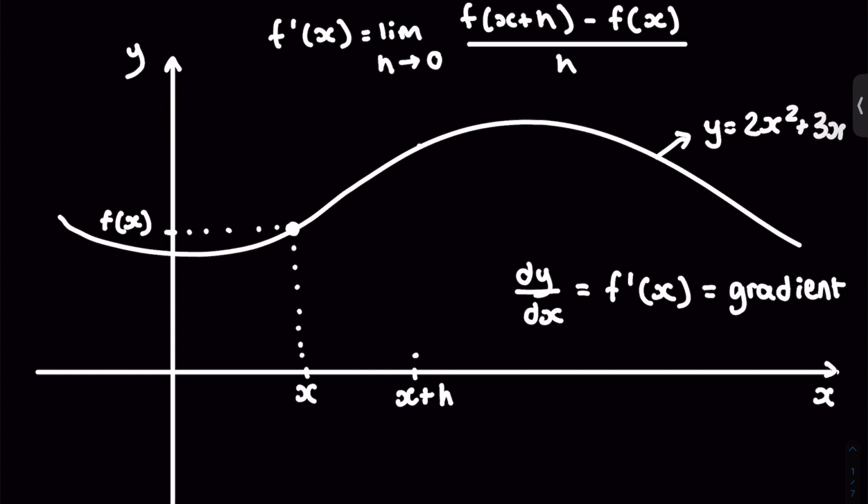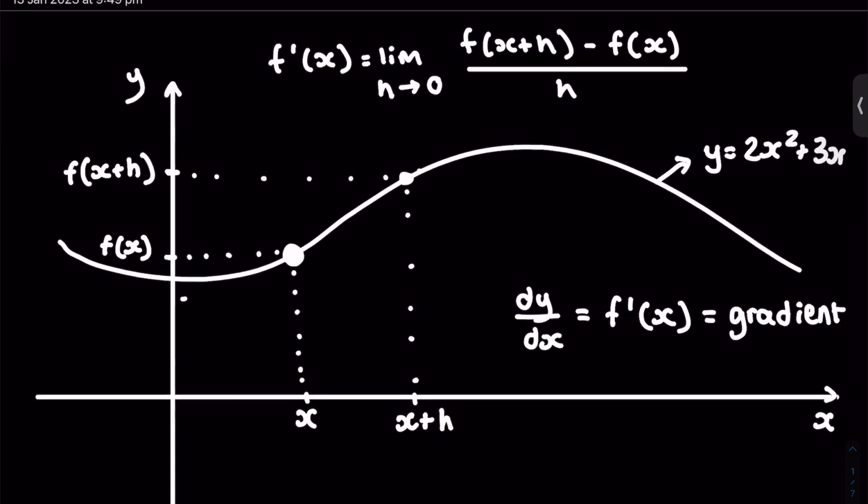This will give you a different value for y, and just like our x, we're going to label this f of x plus h, as the x plus h gave us this value of y, which could be higher or lower, but it doesn't really matter, as the gradient could be positive or negative. It just depends on the function we're differentiating.